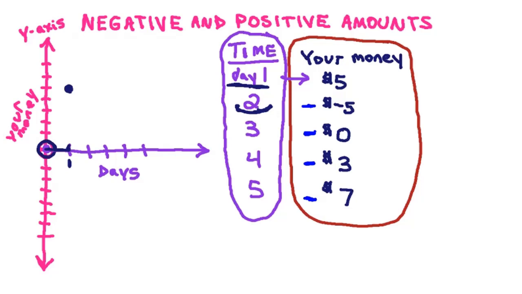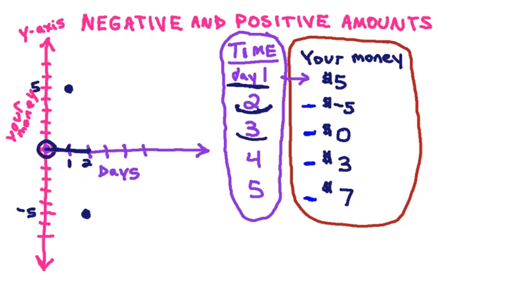So on day 2, which is on our x-axis, here's day 2, you're going to have negative $5. So that means we're going to go down 1, 2, 3, 4, 5, and we're going to plot a point down here at negative $5. There's negative $5, and this is positive $5 up here.